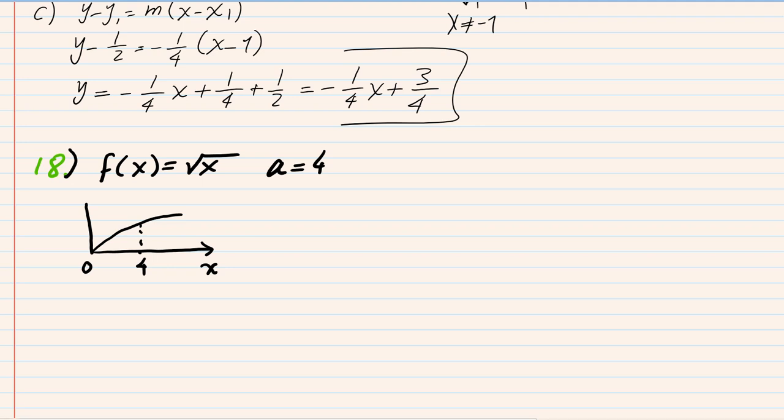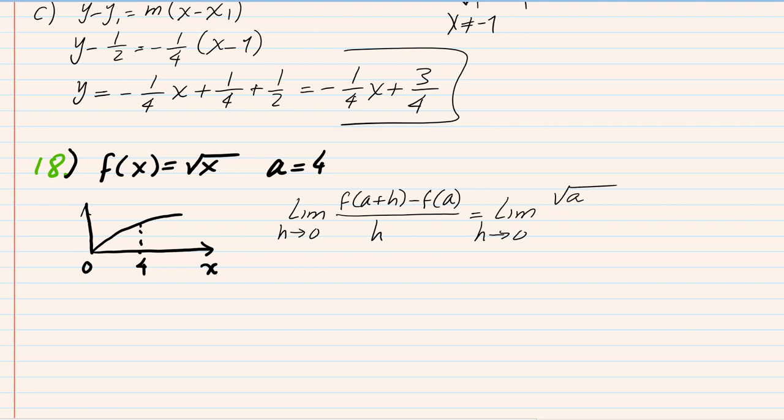Okay, so let's do this. The instantaneous rate of change is the limit as h goes to 0 of f at a plus h minus f at a, over h. True? So f at a plus h is root of a plus h. Well, a is 4, so let me plug in 4 here, which makes it easier.